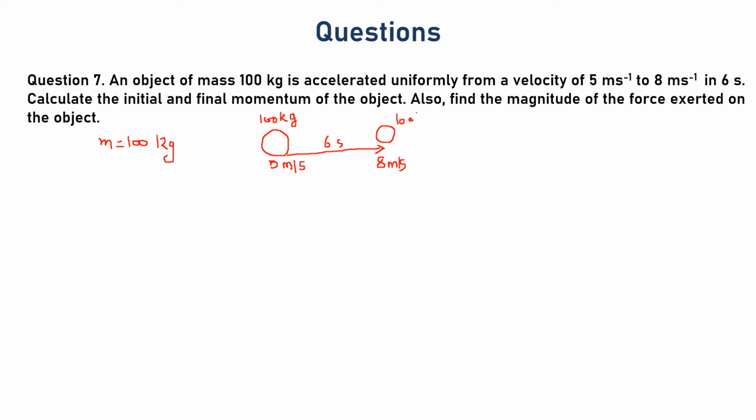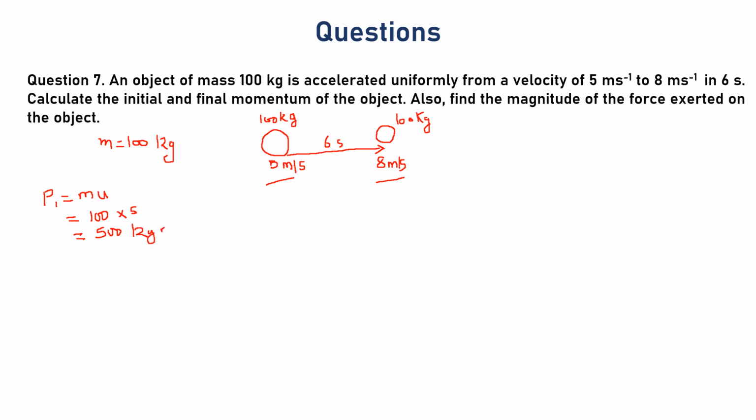So we have to find this momentum and this momentum, the initial momentum. So let's straight away find the initial momentum. Let's call the initial momentum P1. We know that P1 is m into u, right? Substitute the value 100 into 5. So we are getting 500 kg meter per second, right student?